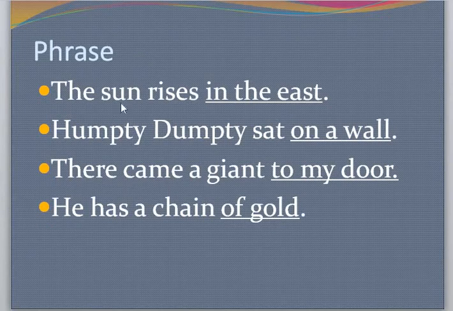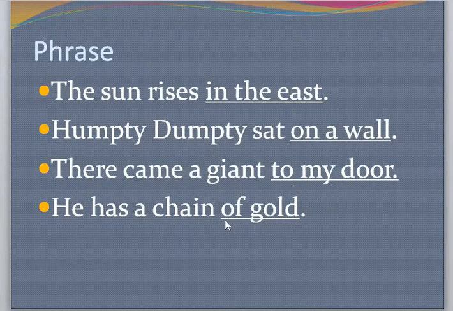Well, here you can see some other examples of phrases. The sun rises in the east. The underlined part is a phrase, which is called a prepositional phrase. Humpty Dumpty sat on a wall. So on a wall is a phrase in this sentence. There came a giant to my door. So to my door is a phrase.